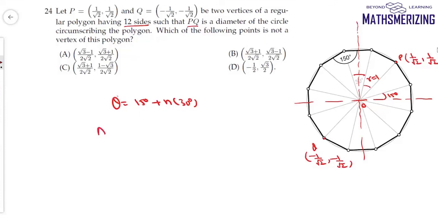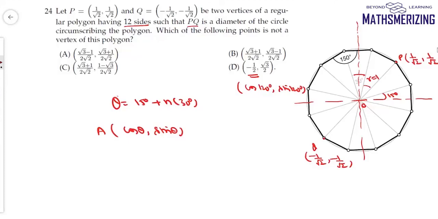Now I can write any random point as cos theta, sin theta. Now if I consider this point D, then this point D is actually x negative and y positive. So basically it is second quadrant, and here this value is cos 120 degrees, sin 120 degrees.